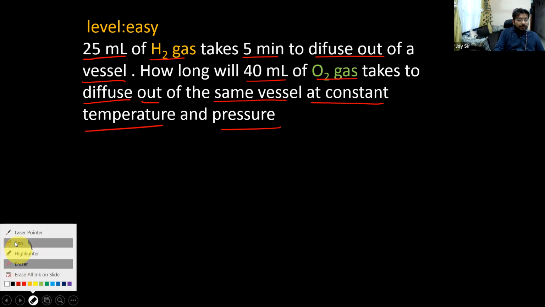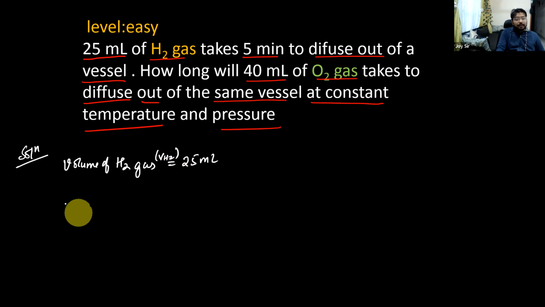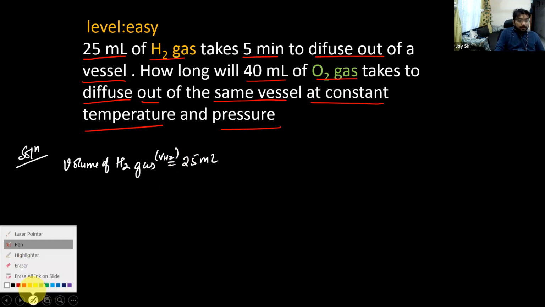So you will write the solution: volume of hydrogen gas is equal to 25 milliliter. You may write it as V H2.